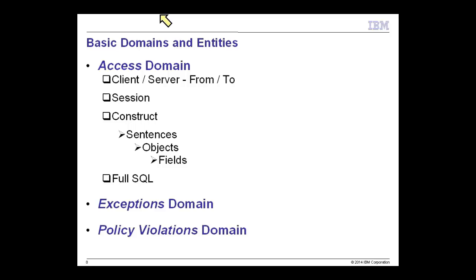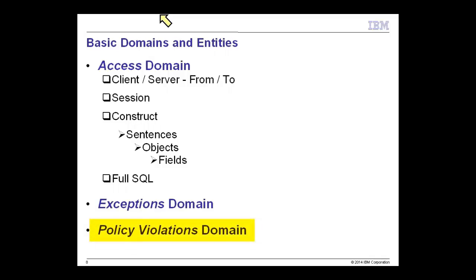But as we say, every domain is a way to organize the information in groups that make sense or have relations. Another example of a data domain will be the exceptions domain. If we send a request and the request returns an error for whatever reason, can be a syntax error, can be privileges, or any other error that the database returns, we have an exceptions domain that also knows where and from where the request has been issued, and all the details about the exception.